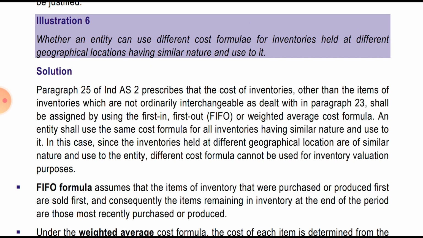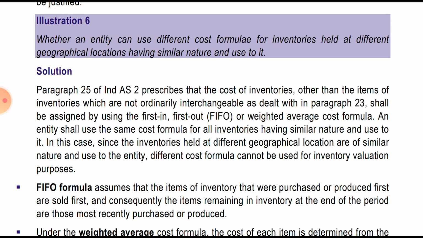Let's go through the answer. Para 25 of Ind AS 2 prescribes that the cost of inventory other than items which are not ordinarily interchangeable shall be assigned by using the first-in first-out or the weighted average cost formula.